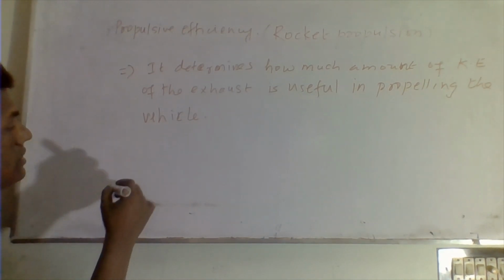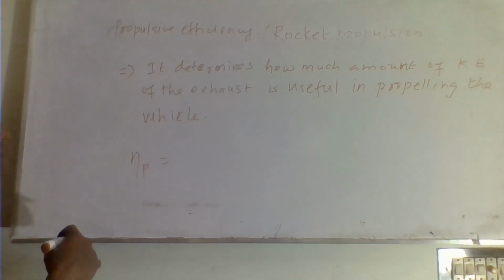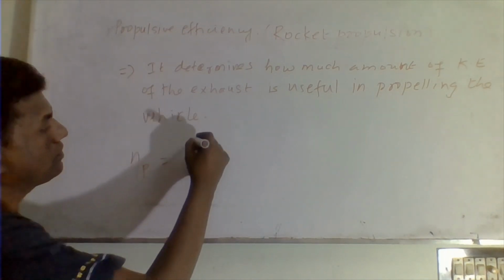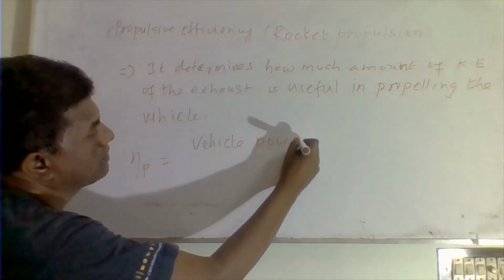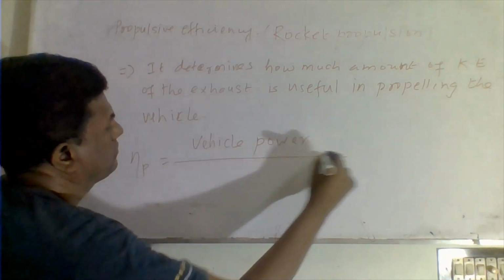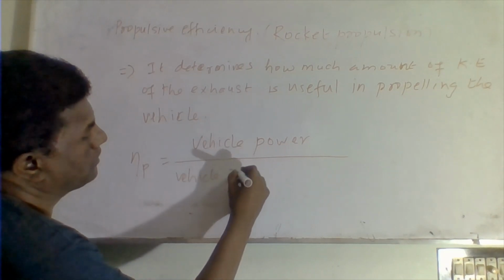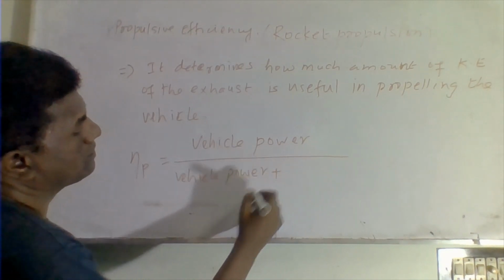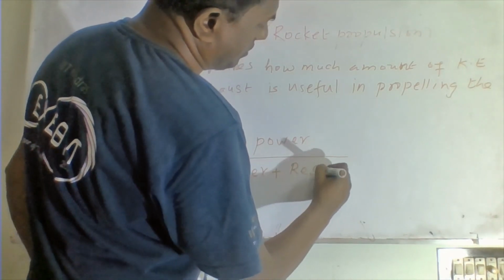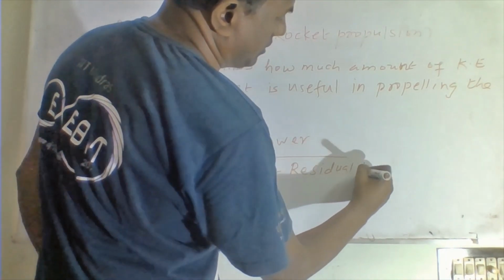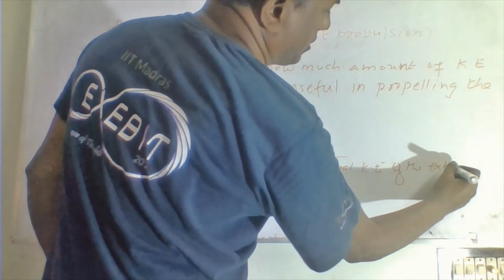Generally we say propulsion efficiency was found in a different way there, and here it will be different. It is nothing but vehicle power divided by vehicle power plus residual kinetic energy of the exhaust jet.